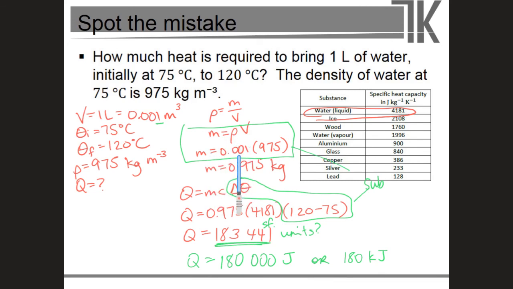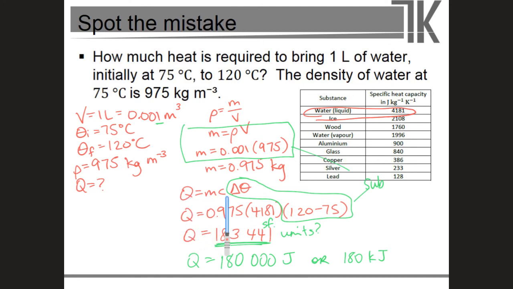This 0.001 is our volume, and this 975 is our density. So when we write these in, our numbers should follow the same order as our letters. So if we're going to write m equals rho v, this should be m equals 975 times 0.001. So if you were getting marked on showing your work, you would not get this substitution mark. You would lose marks for that.